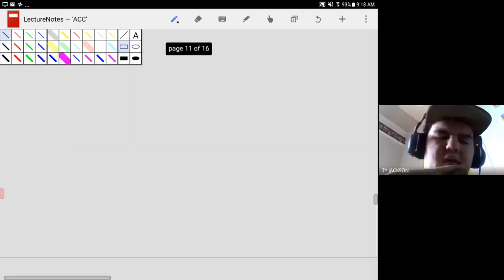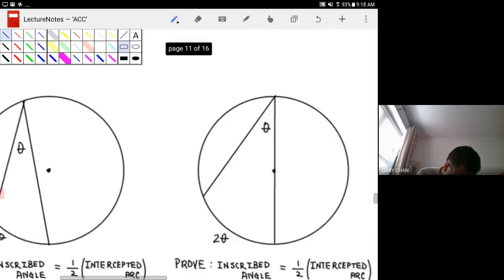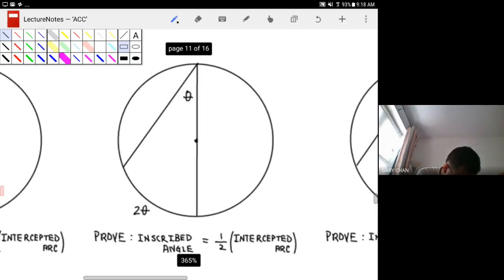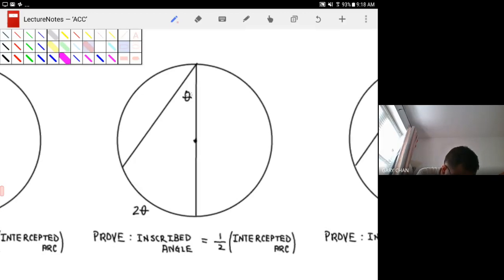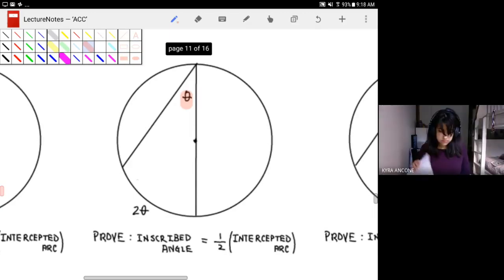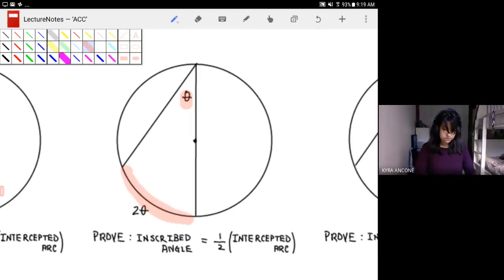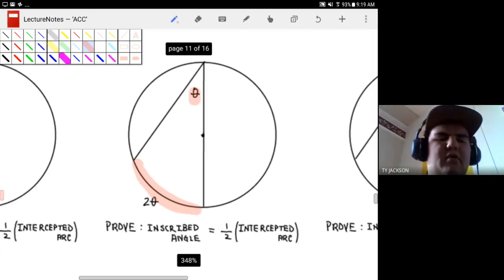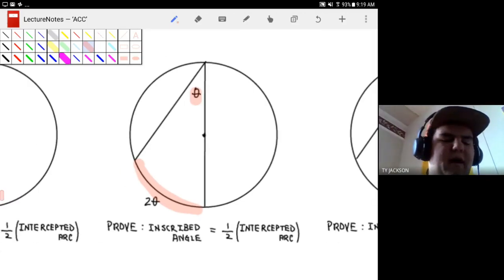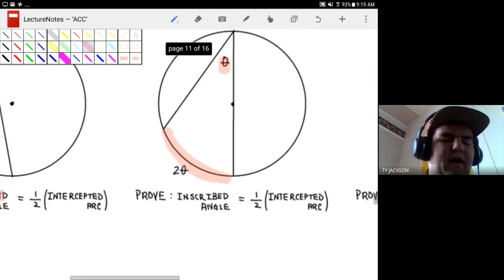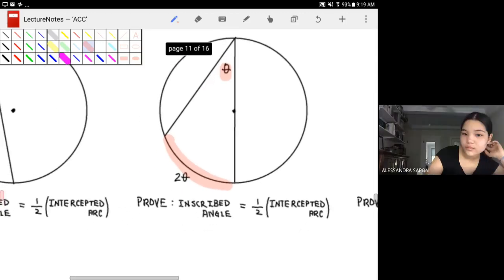The statement was: prove that the inscribed angle, which is this guy right here, is equal to half of the intercepted arc, which is this guy right there. So what you can do is just divide both sides by 2, and then you can just get to where you are now.